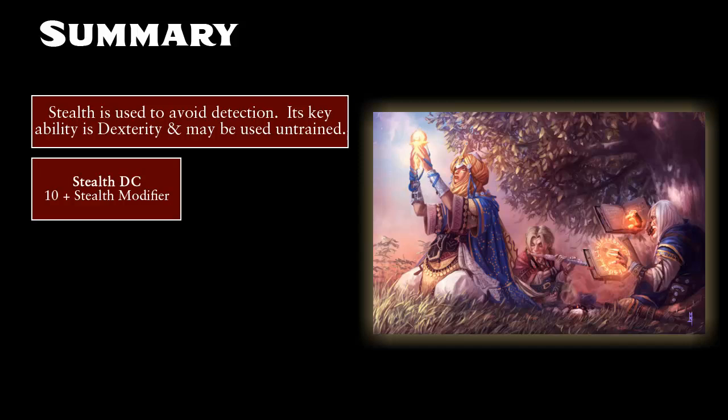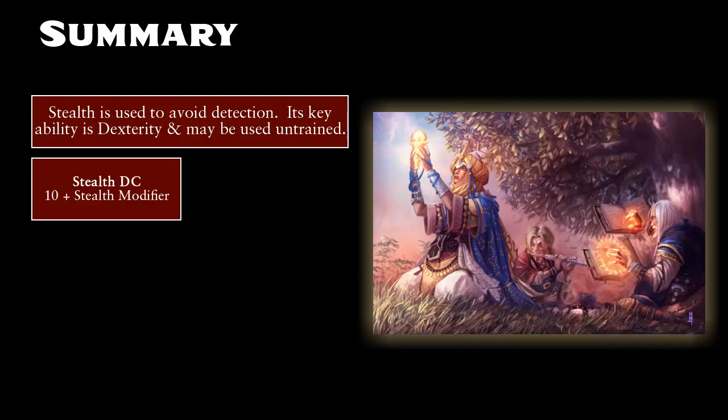Stealth DC is calculated as 10 plus stealth bonus. When it comes to stealth skill and stealth DC, the rule of thumb is if it is your turn, you roll stealth contested by other people's perception DC. But if it is not your turn, then they roll their perception, and that is contested by your stealth DC.